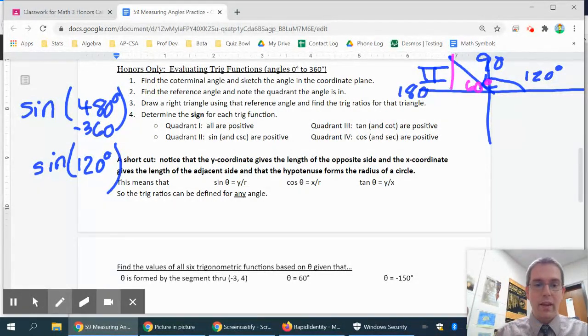Now, once I've done that, I could use the right triangle and the reference angle to find the trig ratios for this triangle. Now, one way we can do this is a 60-degree angle. You might have learned in your geometry class about some special right triangles.